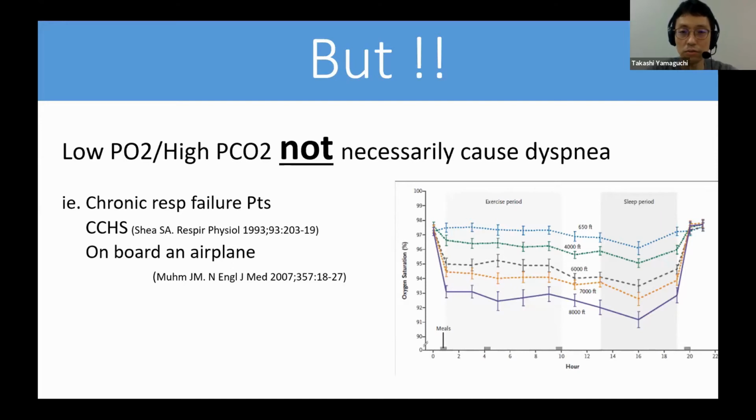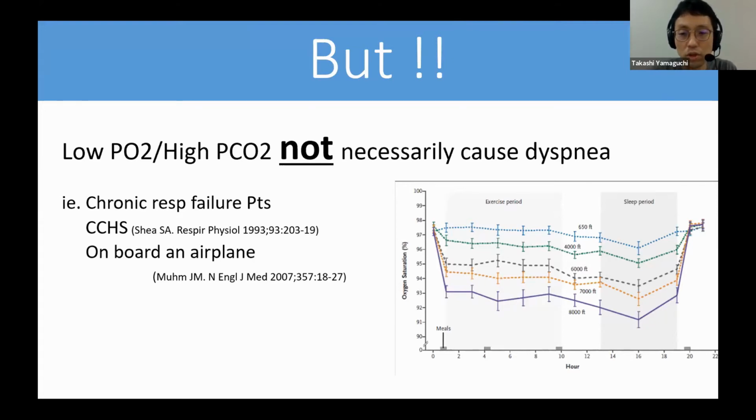The figure on the right side is from the New England Journal in 2007. It shows the relationship between airplane altitude and the SpO2 level of passengers in the airplane cabin. As you can see, at an altitude of 8,000 feet, oxygen saturation decreases to around 90 to 91%.